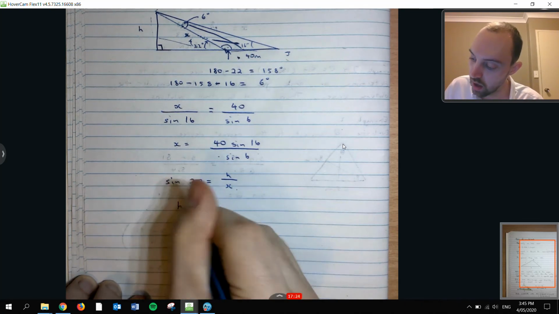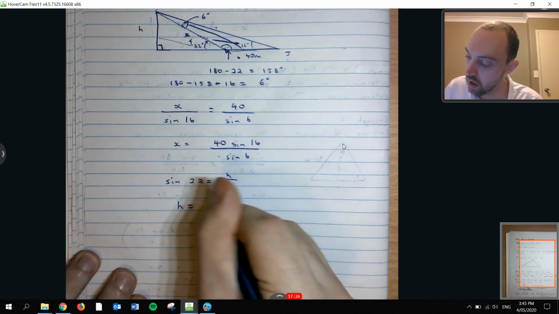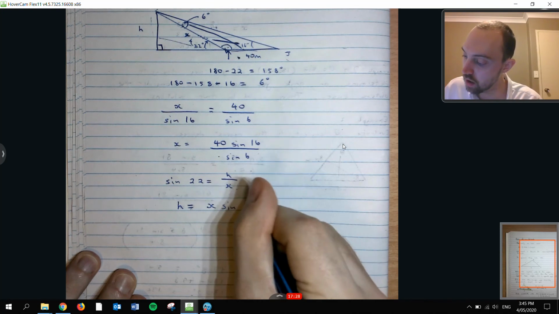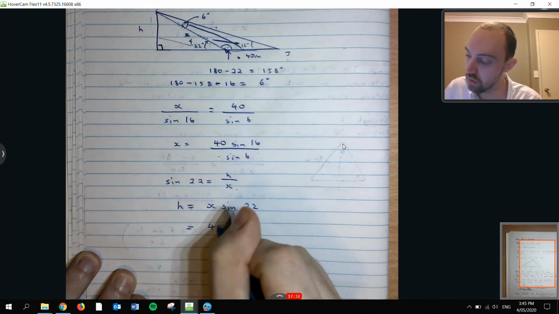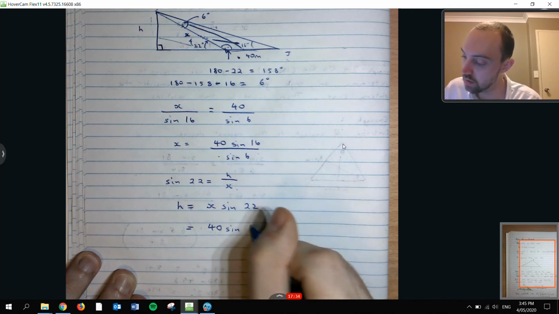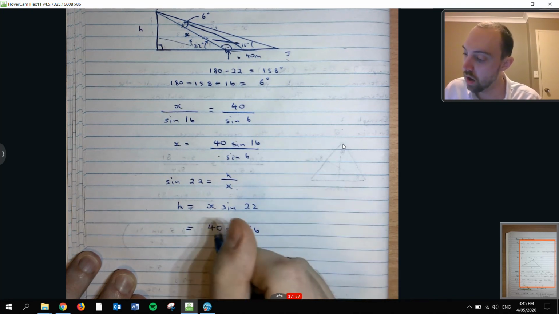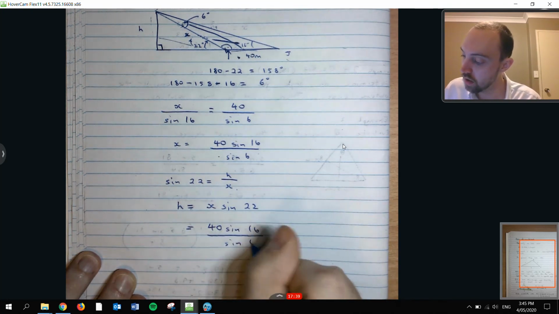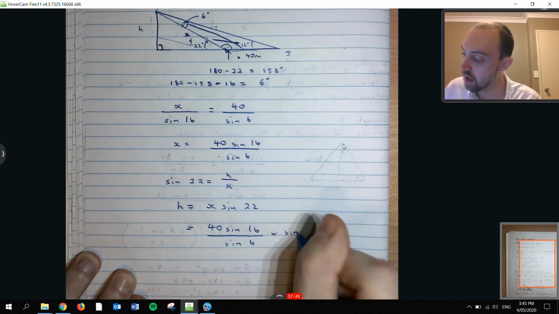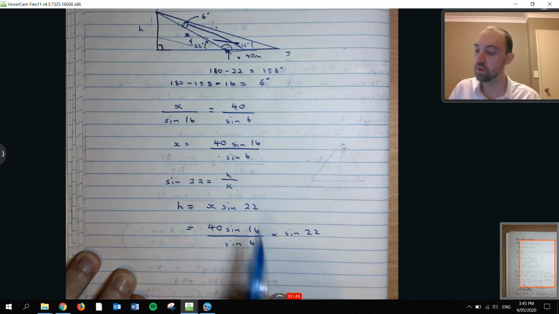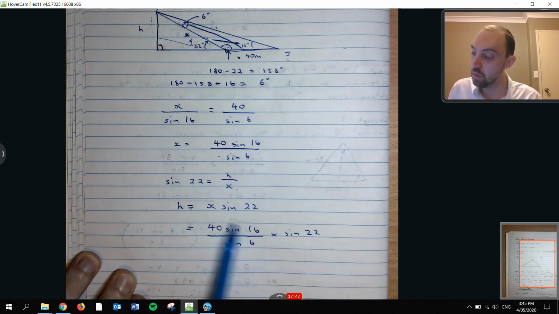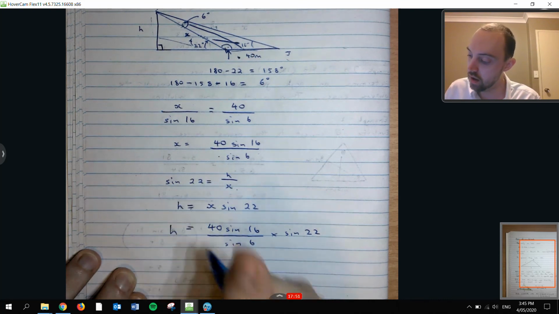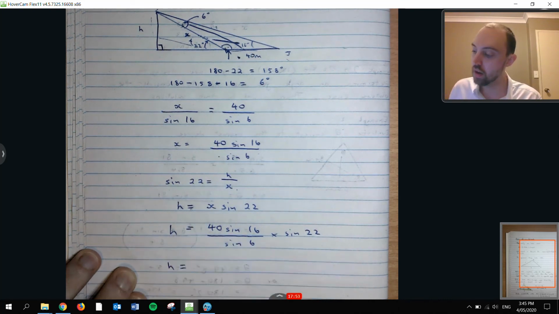So h is equal to x sine 22, but we know x is 40 sine of 16 over sine of 6, multiplying that by sine of 22. So substituting what we had found already into this height equation.